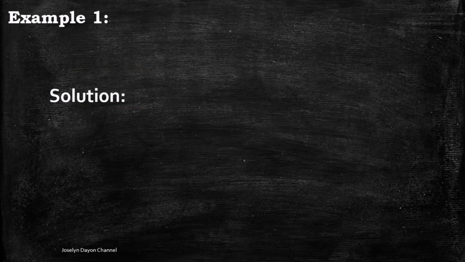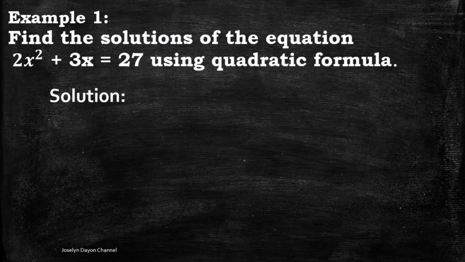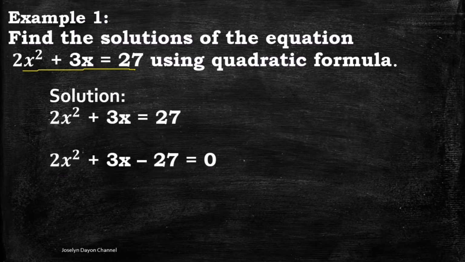We will consider the first example. Find the solutions of the equation 2x squared plus 3x equals 27 using the quadratic formula. First, rewrite the equation in standard form. The given equation is not yet in standard form, so what are we going to do with this positive 27?